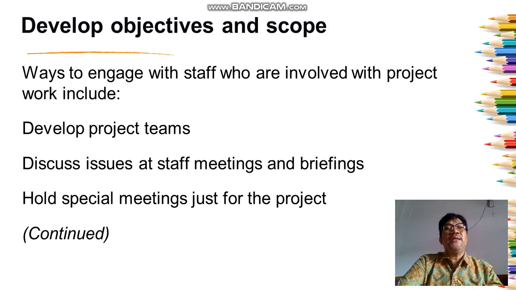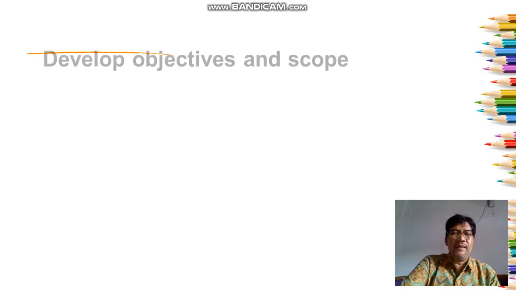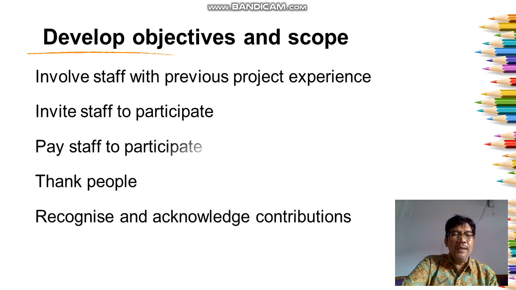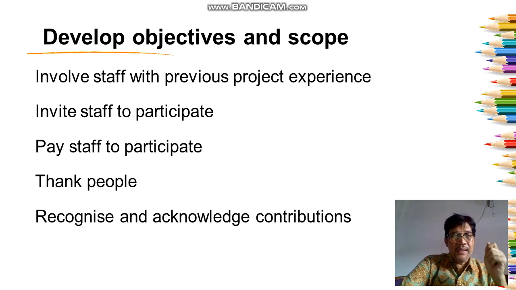Ways to engage with staff who are involved with project work include: develop project teams, discuss issues at staff meetings and briefings, hold special meetings just for the project, involve staff with previous project experience, invite staff to participate, pay staff to participate, thank people, and recognize and acknowledge contributions.